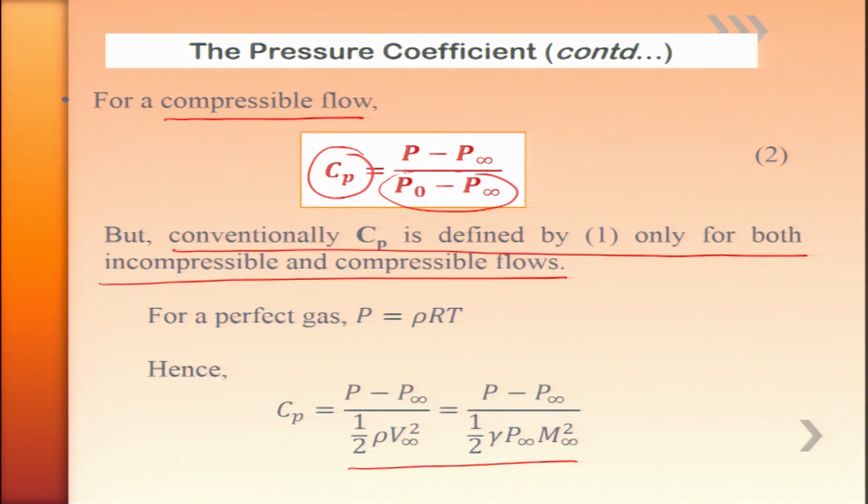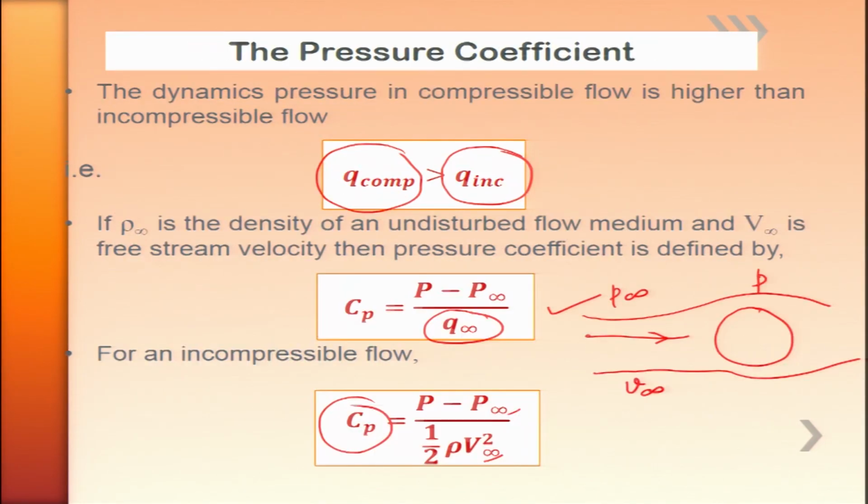However, conventionally in gas dynamics, Cp is adopted, even though not 100% correct, as defined in the previous equation, that is Cp is equal to P minus P infinity upon Q infinity.